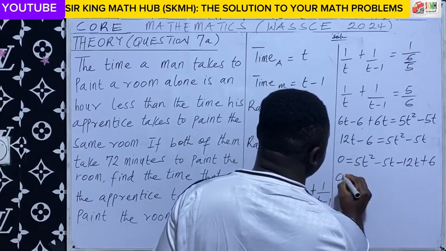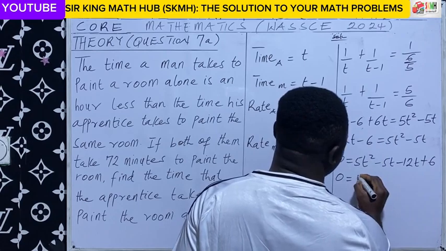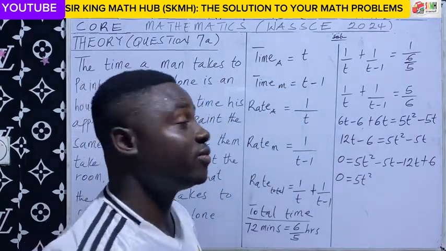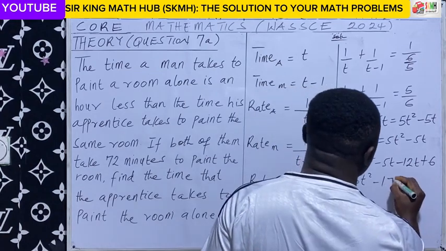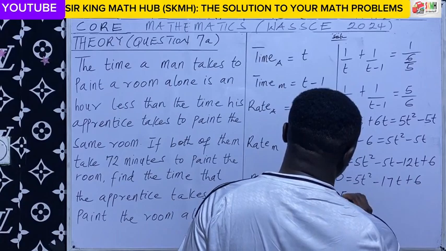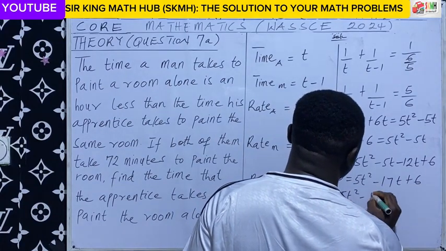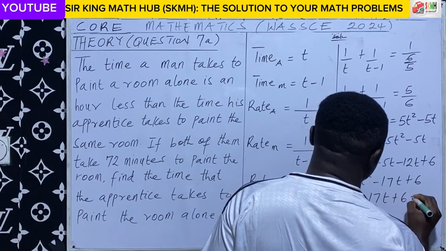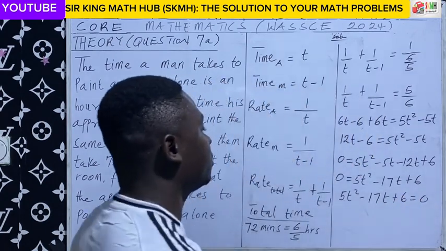You can still simplify. We have 5t squared, then minus 5t minus 12t, minus 17t plus 6. So finally we have 5t squared minus 17t plus 6 is equal to 0.